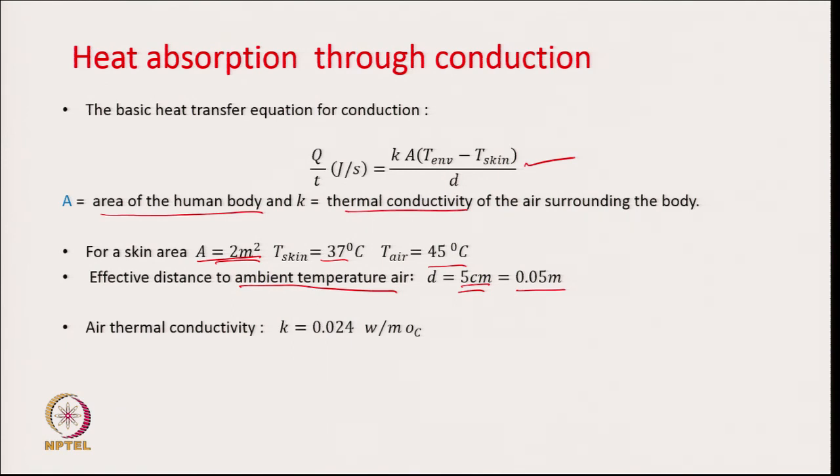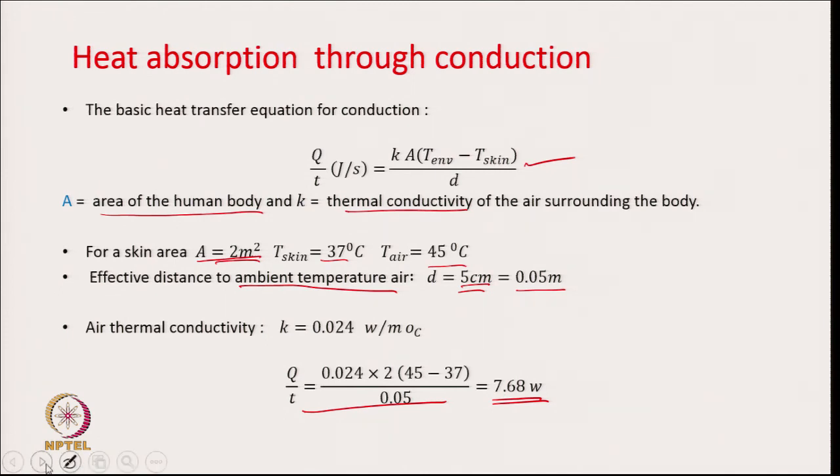So, air temperature is environmental temperature. From there, if we substitute these values in this equation, we will get this figure 7.68 watt. That is, through conduction, the amount of heat that the body is going to receive is only 7.68 watt.